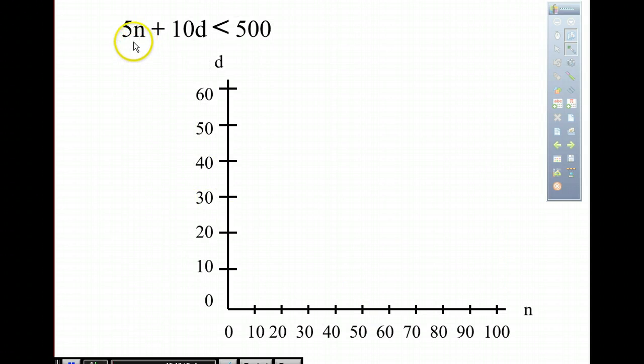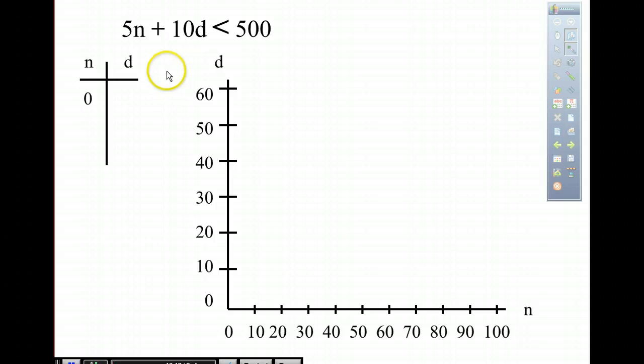Okay. Lastly, I'm just going to remind you, some of you might have done that in the last problem, but a problem like this is a great candidate for intercepts. Because 5 and 10 both go into 500, just like the last one, 3 and 4 both go into 12. So you can just plug in 0 for n, and you get 10d less than 500.